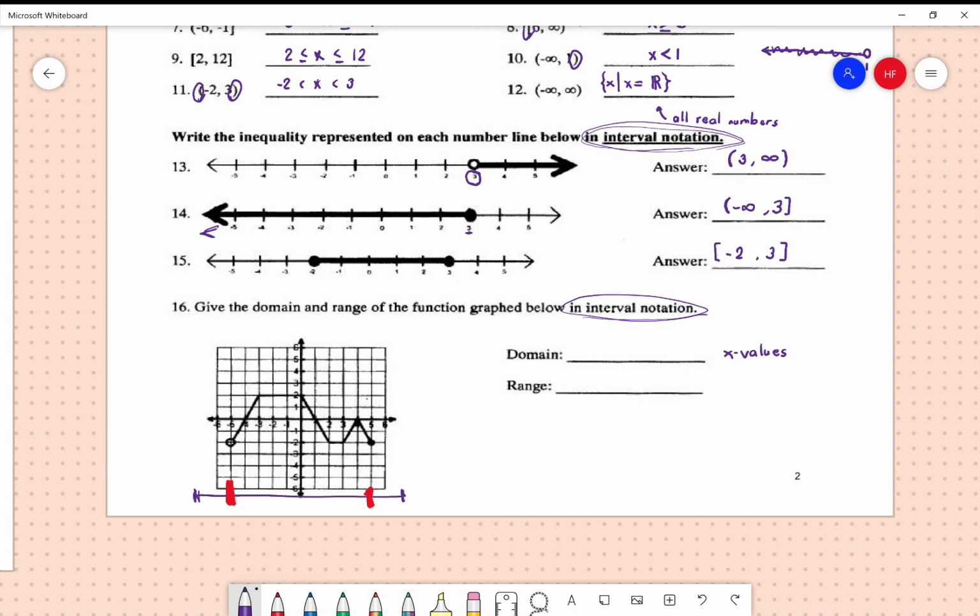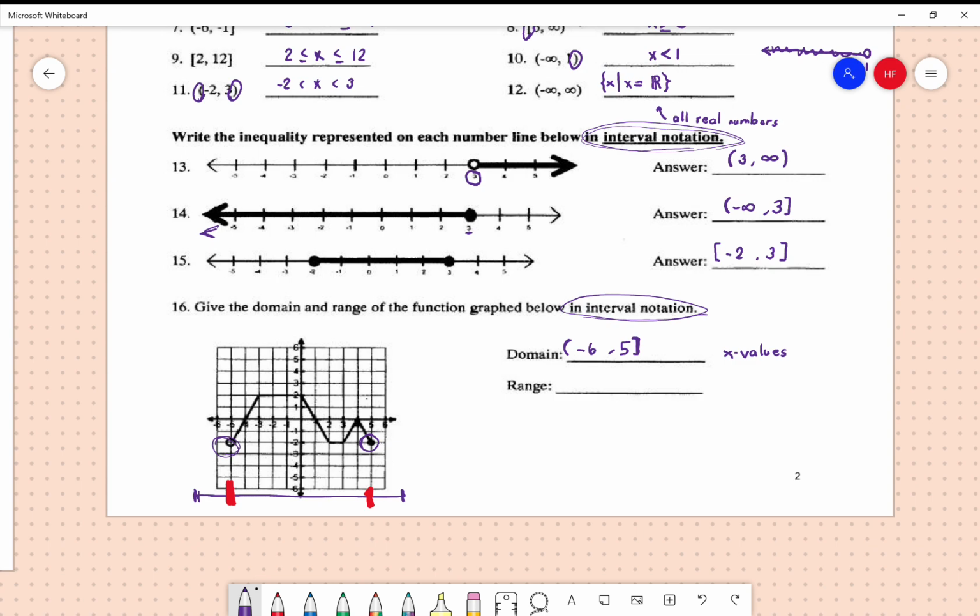So my domain starts at -6 and it goes all the way to, I think that says 5. Now I need to put the brackets or the parentheses on it. So on this first one, it's an open circle, so parenthesis. This is a closed circle, so bracket.